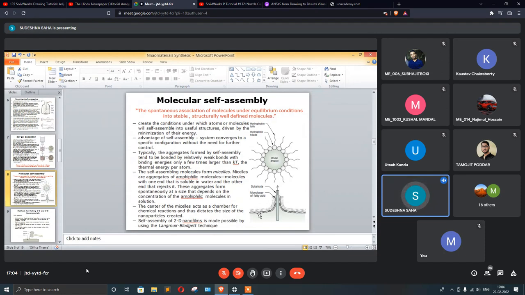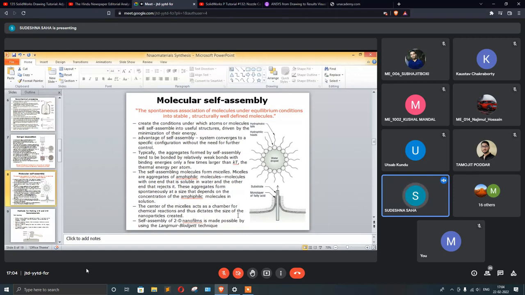Then another one is a classical example of the Langmuir-Blodgett technique, where we actually use a Langmuir-Blodgett film on top of water. Again, you take a surfactant, you put some water, and it has amphiphilic surfactants with a hydrophilic head and hydrophobic tail.